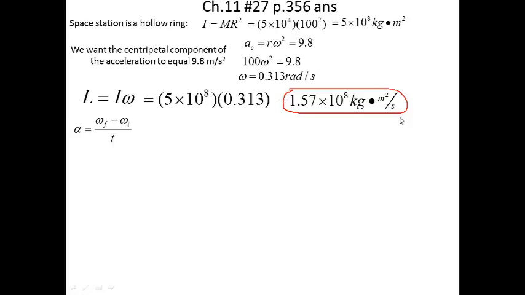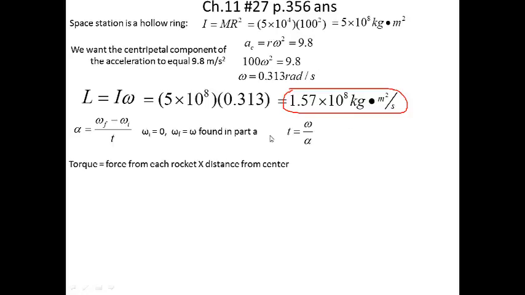The angular acceleration is going to equal the final angular speed minus the initial angular speed, divided by the time. We can assume that the space station starts out not spinning at all, so it starts with an angular speed of 0. The final angular speed is the omega that we found in part A. So the time is going to be equal to omega over alpha.